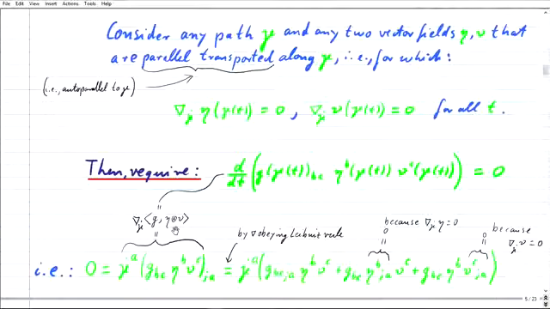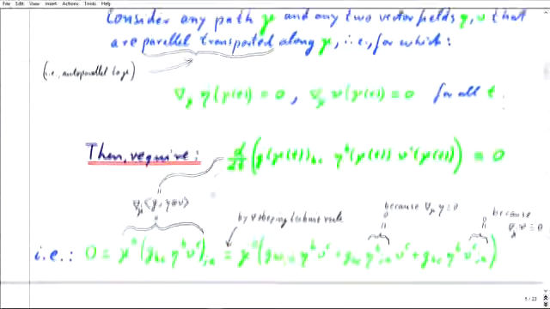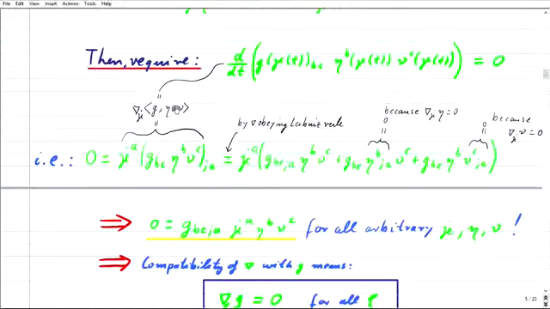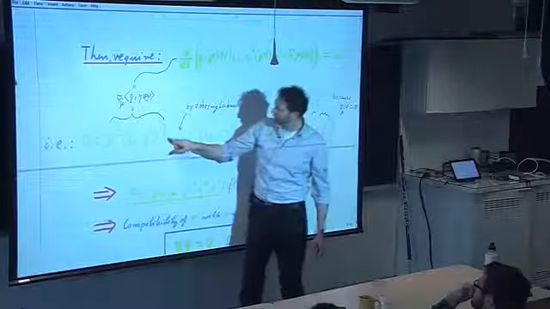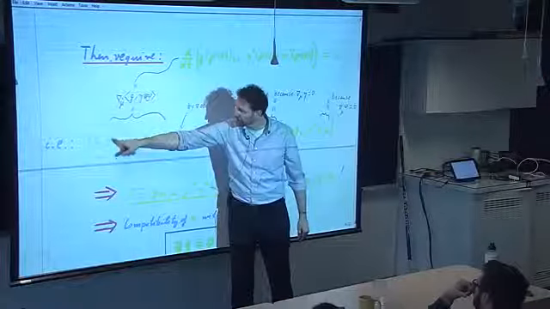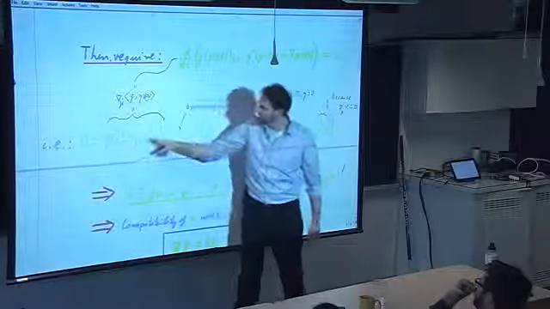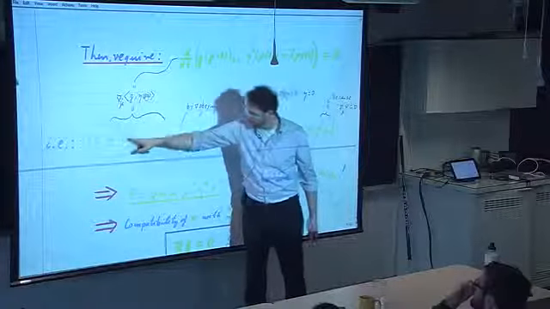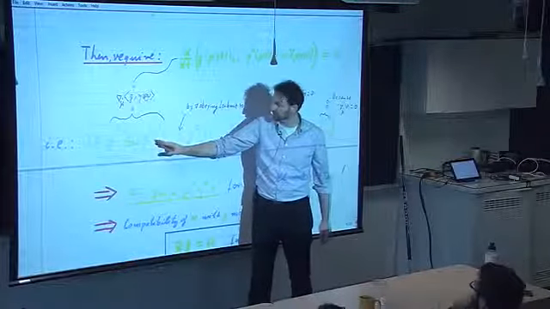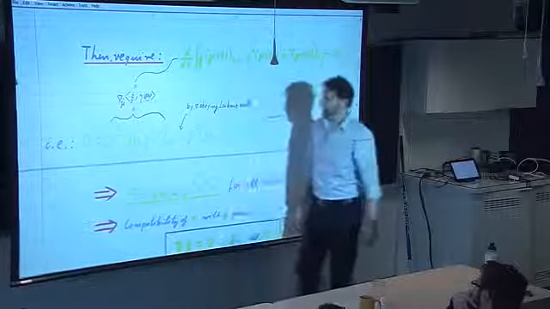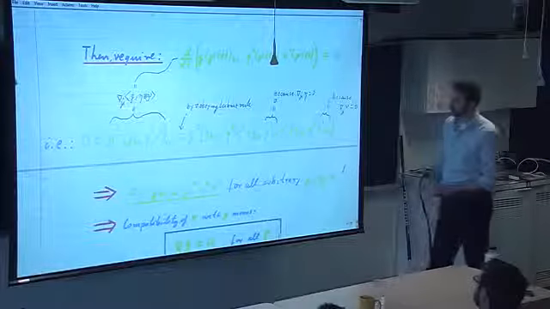Explicitly, if we write it out in a coordinate system, it is this. So we covariantly differentiate in the direction of the tangent vector of the path this expression, which is the inner product of two tangent vectors taken with respect to the metric.